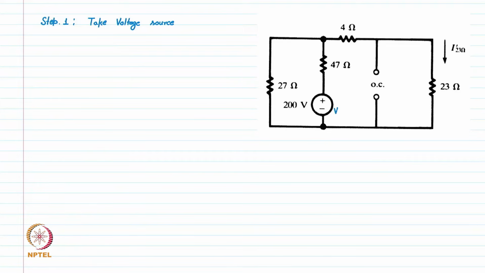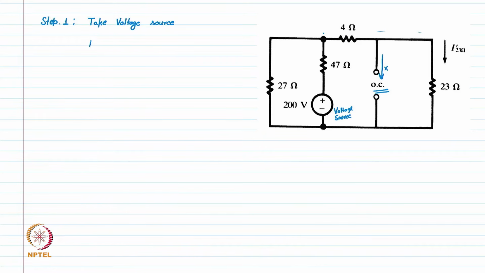We have only the voltage source here, and we open circuit this current source, so there is no current flowing into this branch, and only the 23 ohm arm is there, and we can easily calculate how much will be the current into this.